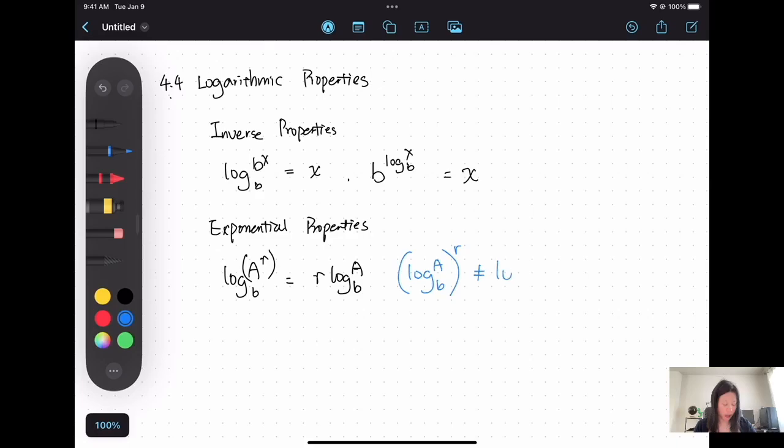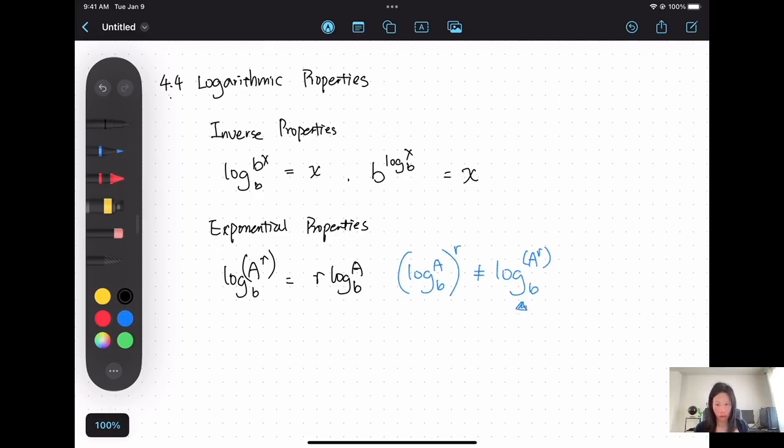These two are not equal. For the first one, it's taking the whole log and raising it to the r power. The second one is just a raised to the r power. So the exponential property only works for the second one.